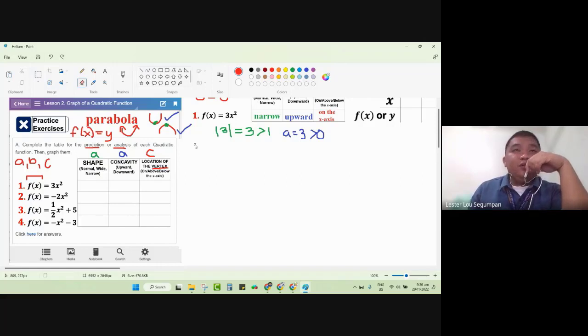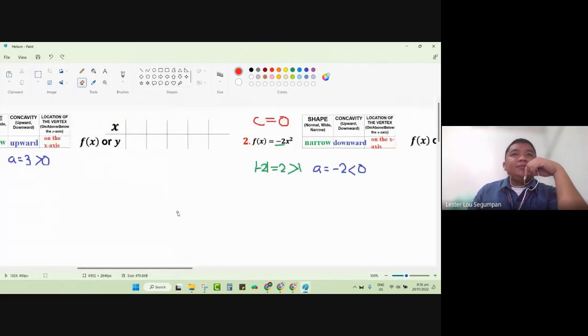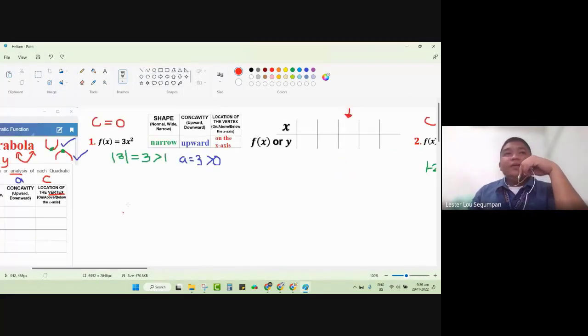You are not anymore looking at the curve. So in order for you to understand how the graph should look like, we need to give proper meaning to the vertex. The vertex should be placed here in the middle. I am going to use red. We're going to pick the vertex, place it here, and decide the next values in order for us to get the coordinates. In order for us to determine the vertex, we have the formula.